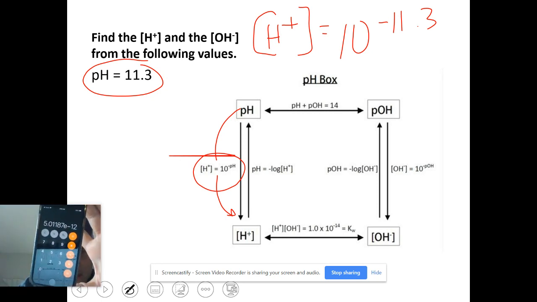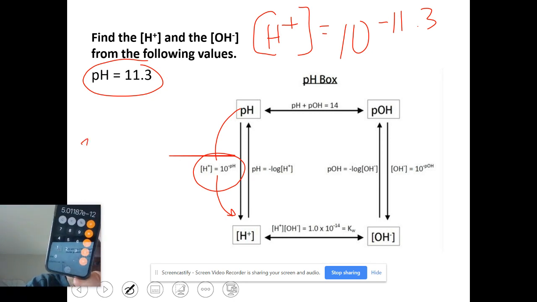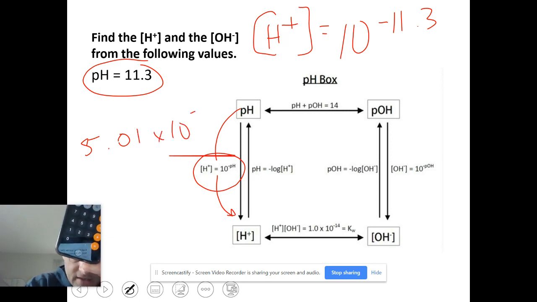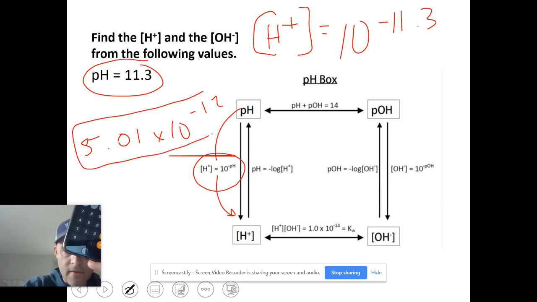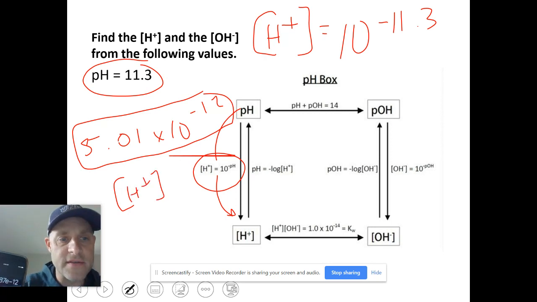The E on here just means 5.01 times 10 to the negative 12. That is my concentration of H plus ions.